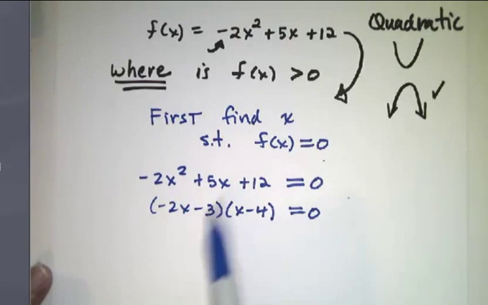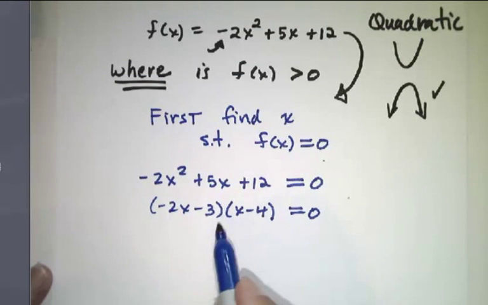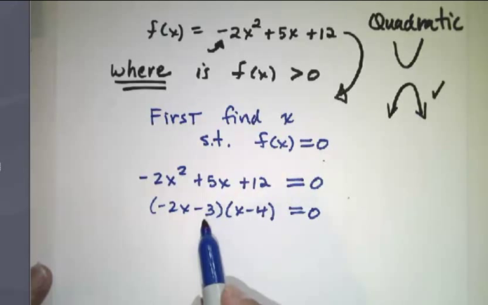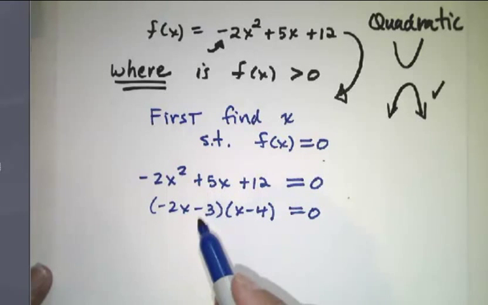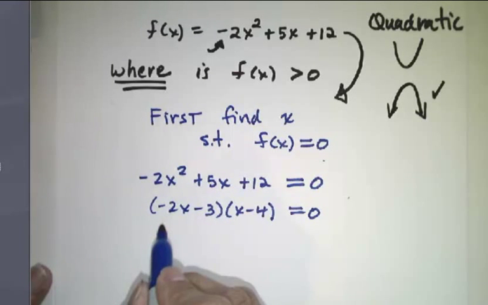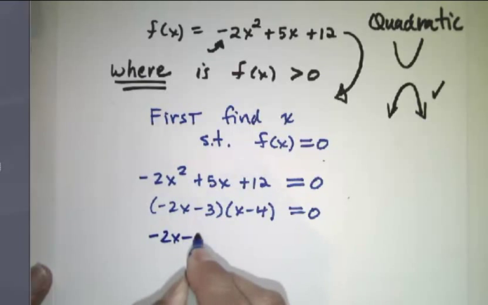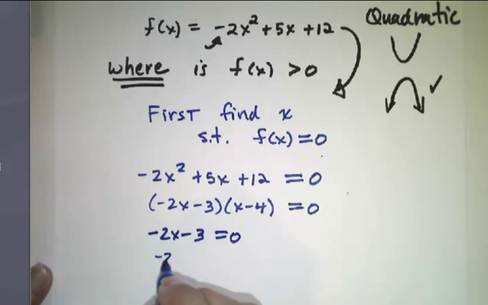Okay, so now that we have our quadratic in factored form, we know that the product of two factors equals 0 if and only if at least one of our factors equals 0. So I set each factor to 0 and solve for the x that makes that true. So minus 2x equals 3, x equals negative 3 halves.